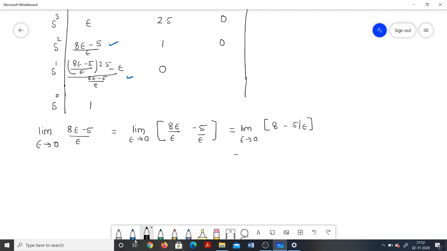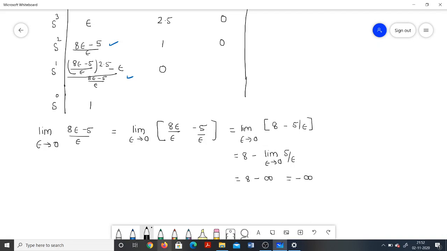Okay, so this comes to 8 minus limit as epsilon tends to 0, 5 divided by this. So it becomes 8 minus infinity. So it becomes minus infinity.